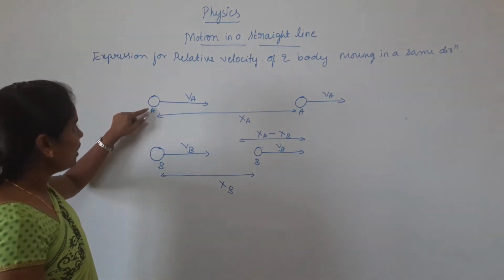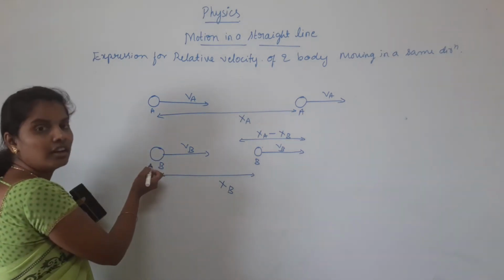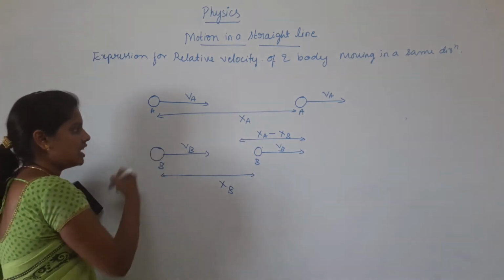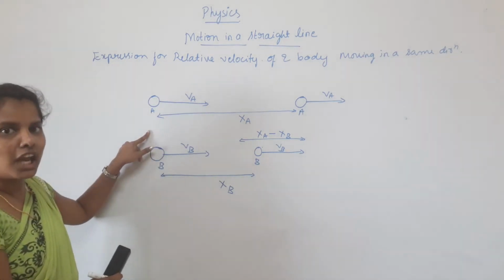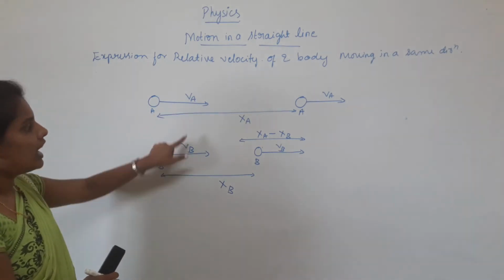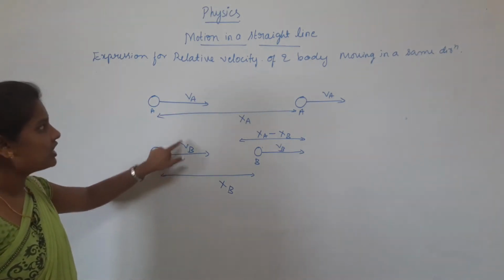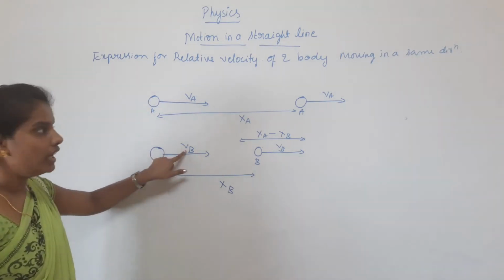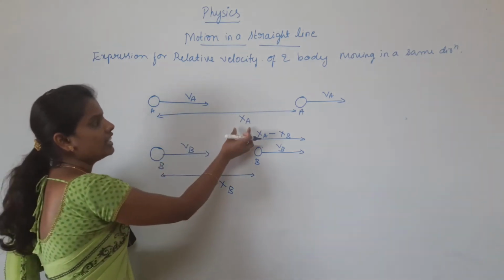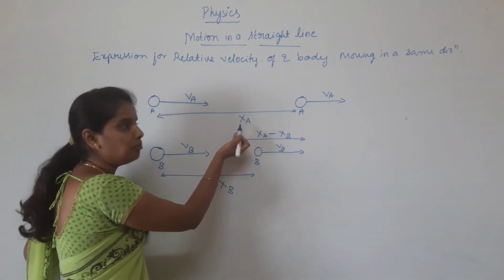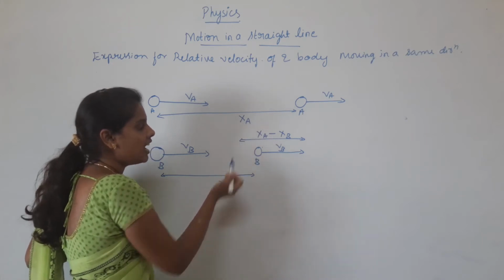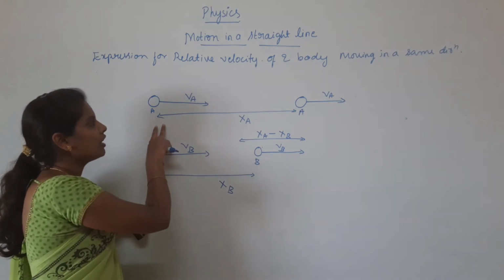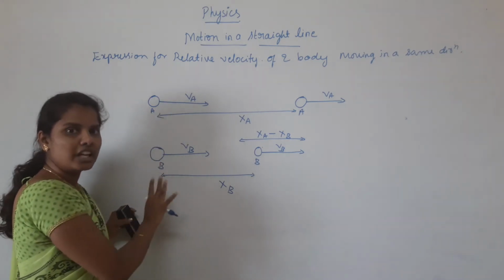Consider two objects A and B, initially at zero state because the time is 0. Then VA and VB are the velocities of bodies A and B respectively, and they travel some distance after a time t. The distances xa and xb are the displacements of bodies A and B respectively.